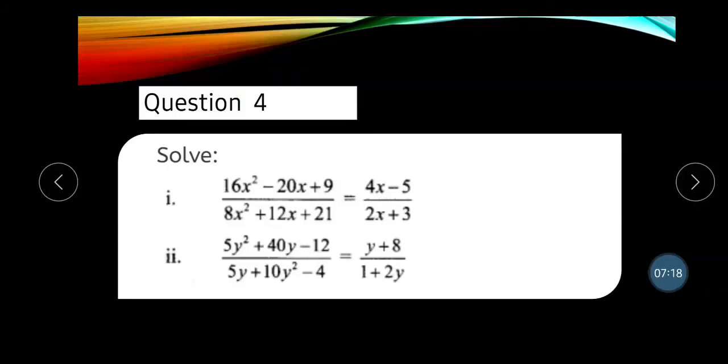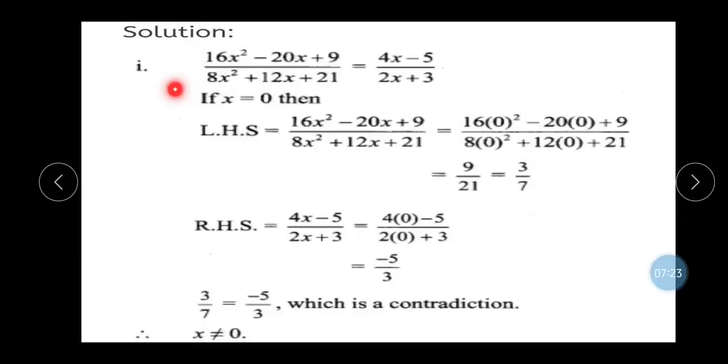Question number 4. 16x square minus 20x plus 9 upon 8x square plus 12x plus 21 is equal to 4x minus 5 upon 2x plus 3. If x is equal to 0, then in the LHS part, 16x square minus 20x plus 9 upon 8x square plus 12x plus 21, we will substitute the value of x as 0.